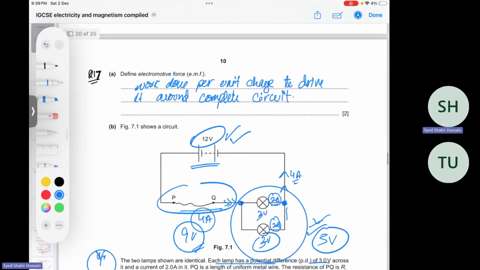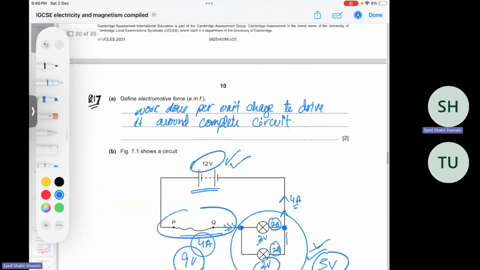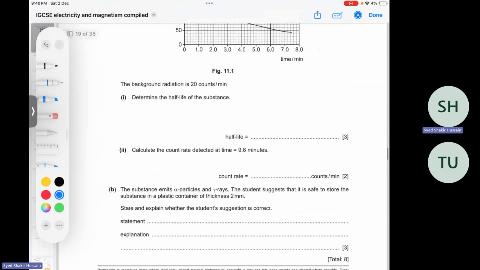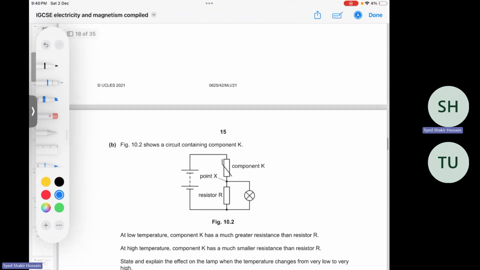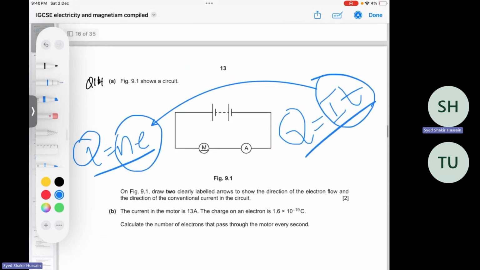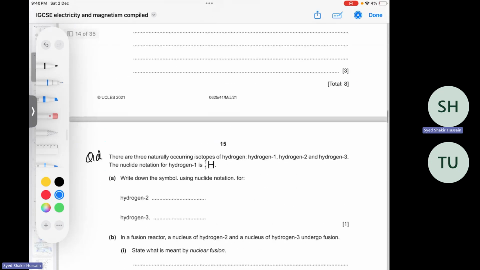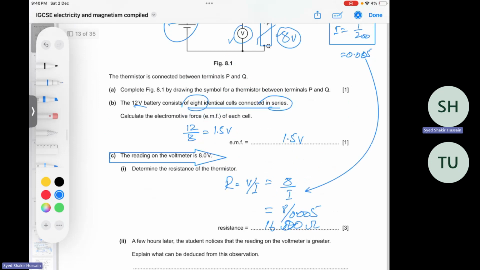Okay? Yes, sir. And also question number 8, A and B. Do not do C because that's not part of the syllabus now. 8A and B. Right? And just the last one, June 2021, paper 4-2, questions 8, 9, and 10. Okay, so try these before the next class and we'll continue from there.